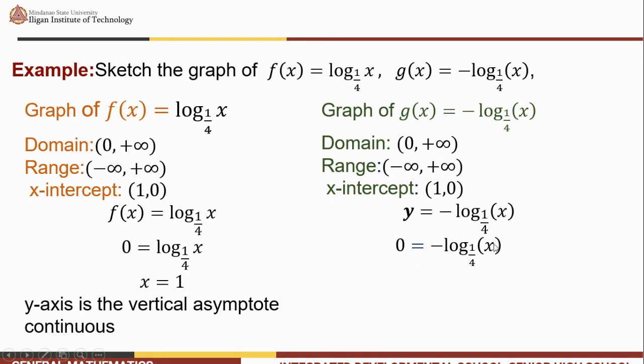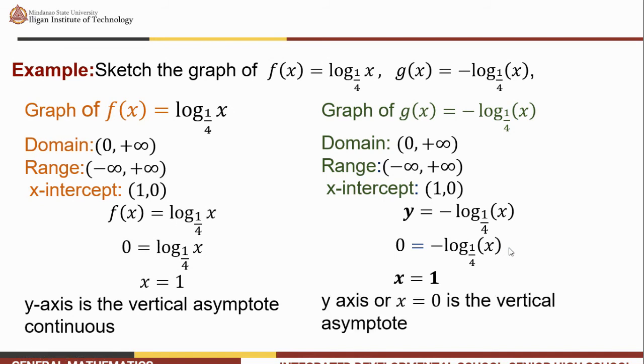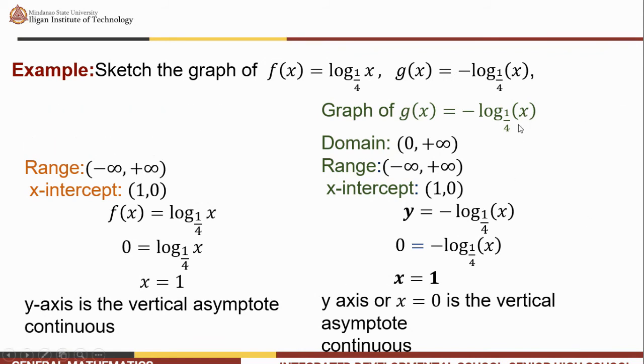What specific value of x will make this equal to 0? From the property, we have x equals 1. So we have here the y-axis, or x equals 0, as our vertical asymptote. After that, we need to construct the table.